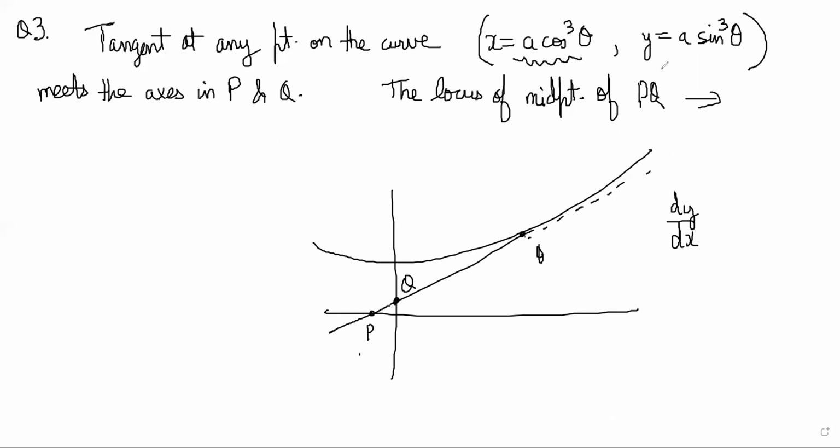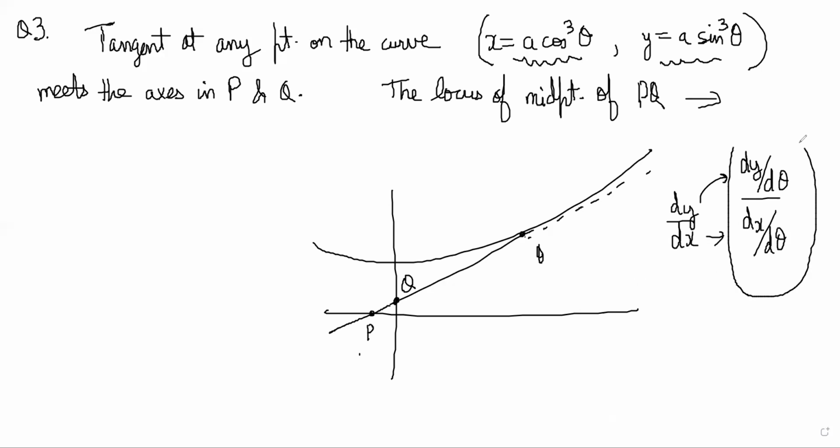It is parametric, so do it like this, dy by d theta by dx by d theta, right? Dy by dx can be found by taking the derivative here and the derivative here and dividing those two derivatives.